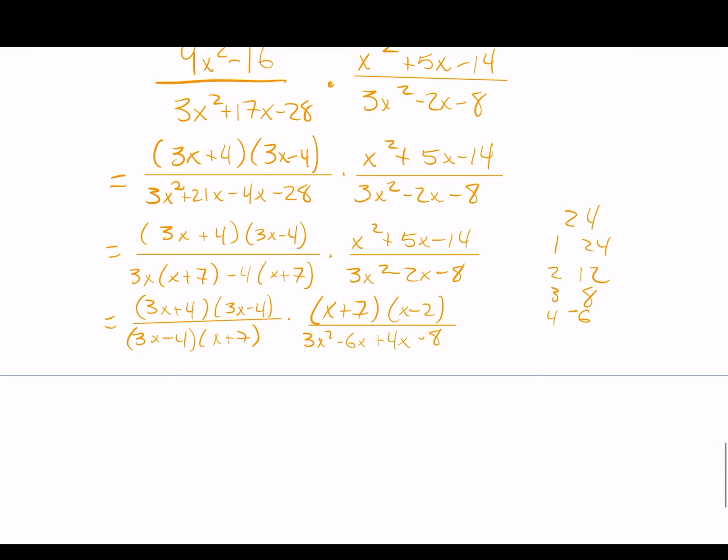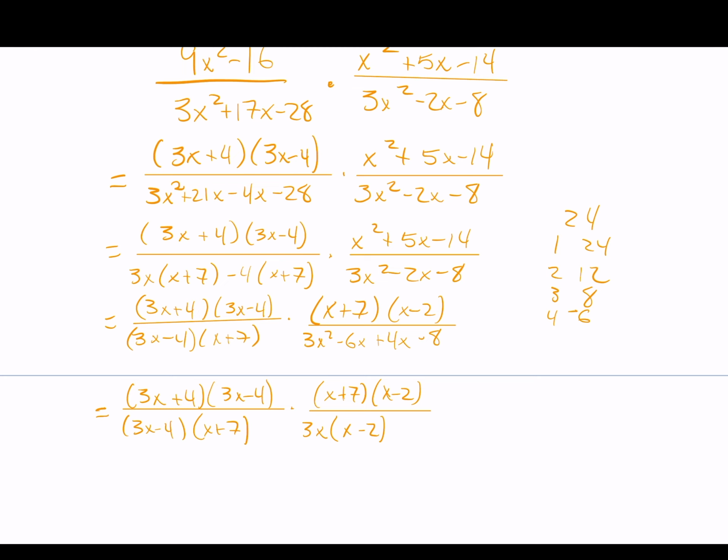We're almost there, guys. One more copy here: 3x plus 4, 3x minus 4, all over 3x minus 4, x plus 7, times x plus 7, x minus 2. We can factor by grouping here, just like we did on the denominator earlier on the other side. We can factor out a 3x, and we're left with x minus 2.